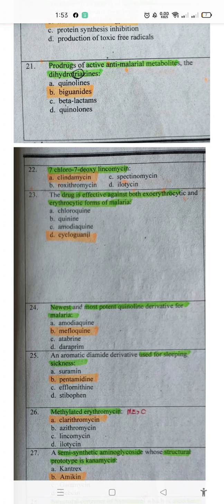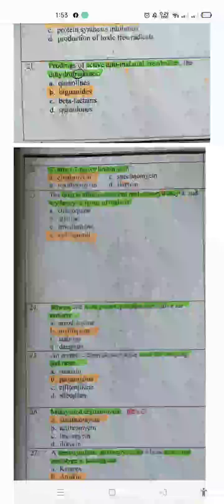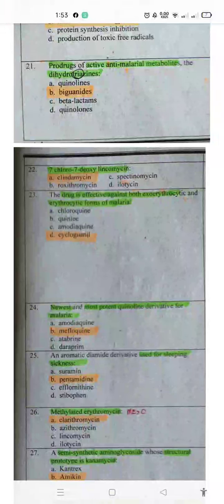Number 23. The drug is effective against both exoerythrocytic and erythrocytic forms of malaria. That is your letter D, cycloguanil. Your chloroquine is the drug of choice for the treatment of erythrocytic falciparum malaria except in resistant strains.